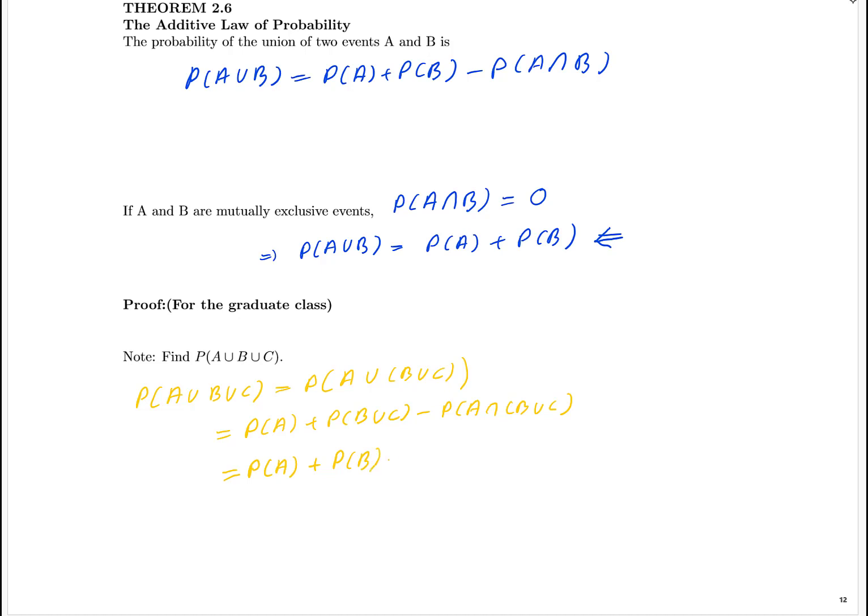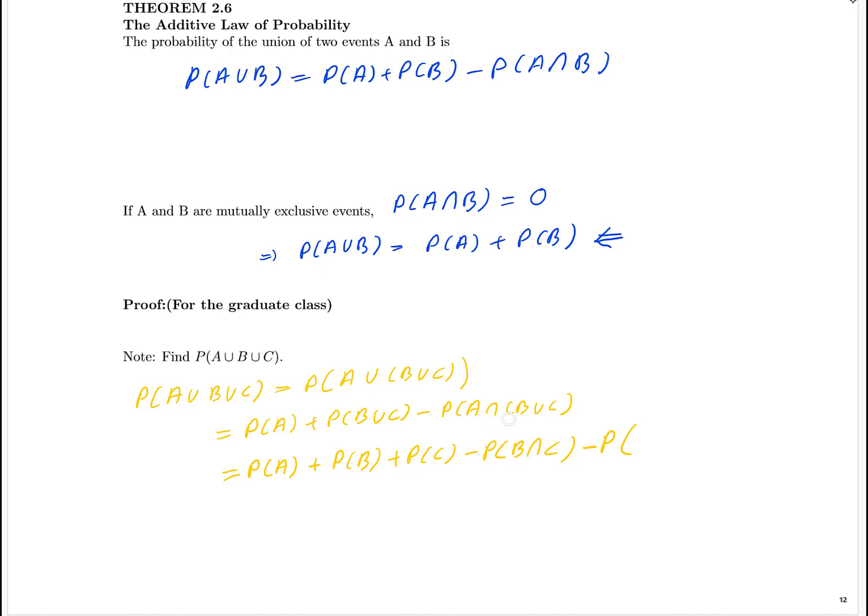Probability of B plus probability of C minus probability of B intersection C. Right, then we have this part minus probability of A intersection B union C. So let me use this so we can apply this here.